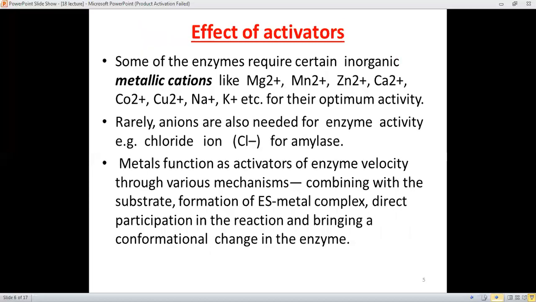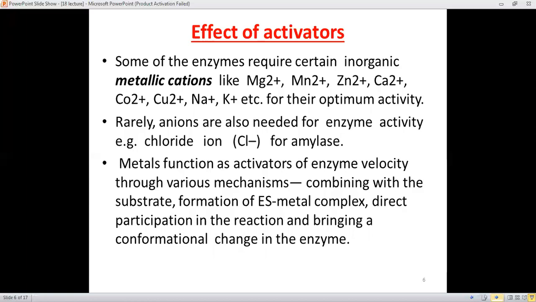Next is effect of activator. Activator, as the name indicates, may be a certain ion, or a certain molecule which is responsible for promoting or boosting up the activity of the enzyme.